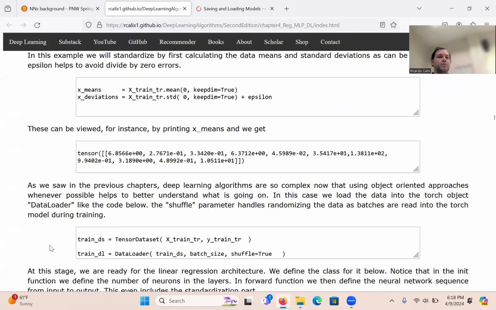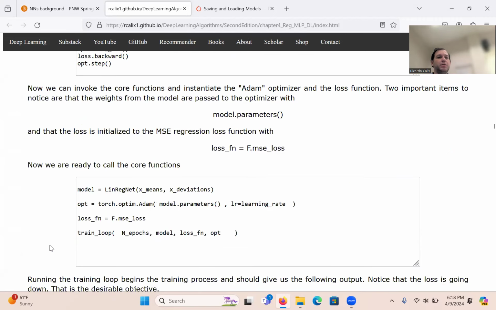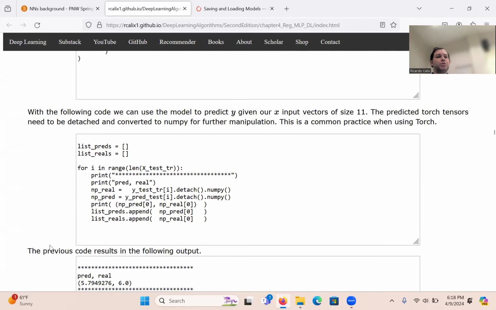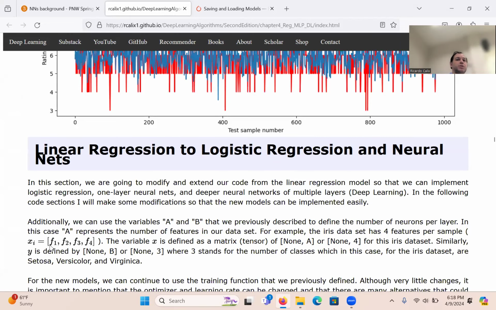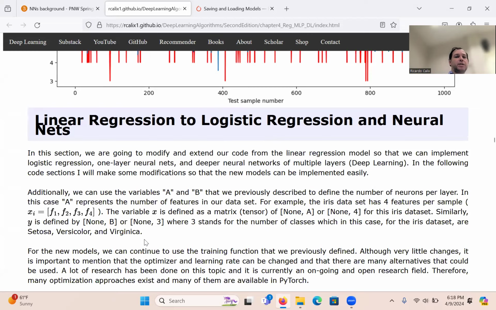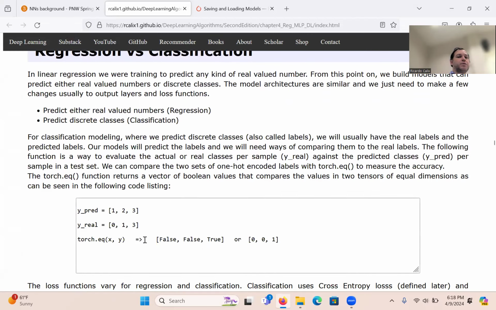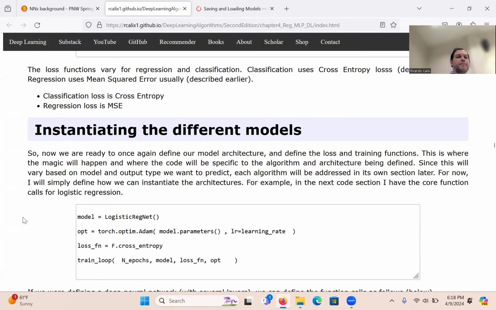All right, so you can read through this one. Linear regression leads into logistic regression, so we're also going to talk about that. Take a look at these notes, regression versus classification.